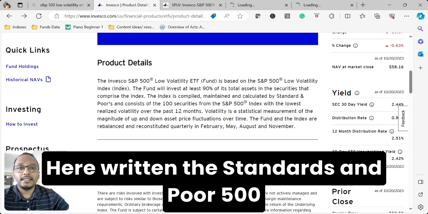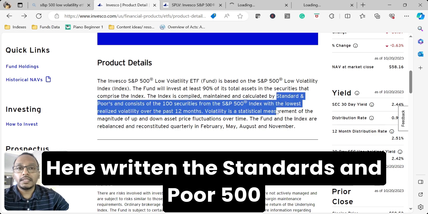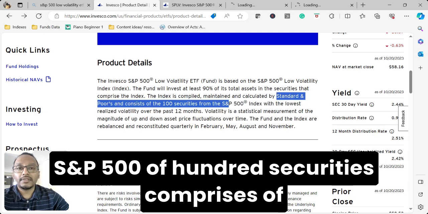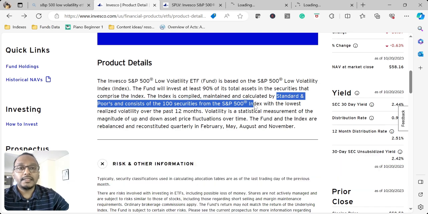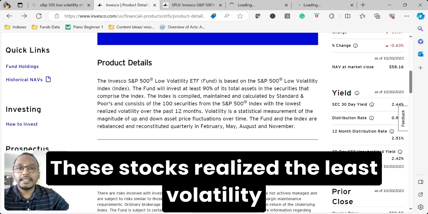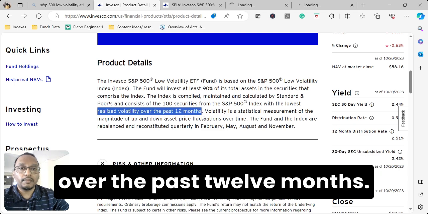Here it is written that the index comprises the 100 securities of the S&P 500 with the least volatility. These stocks realized the least volatility over the past 12 months.